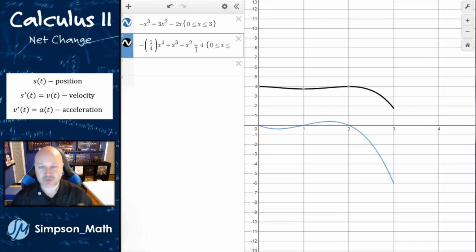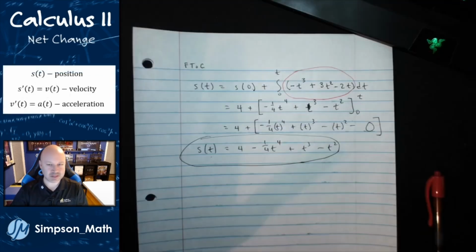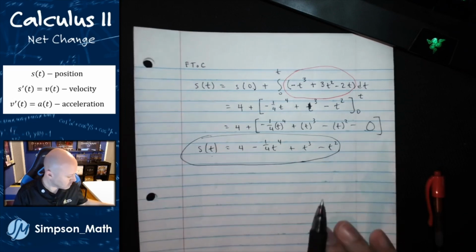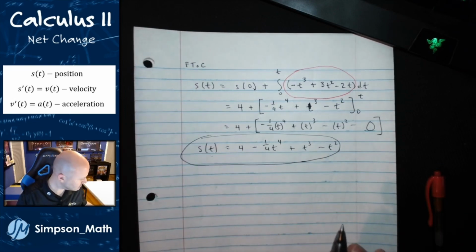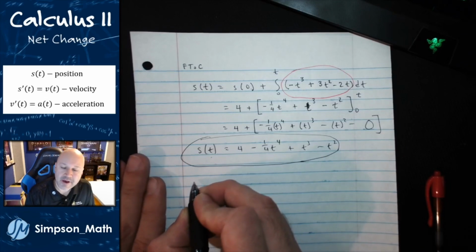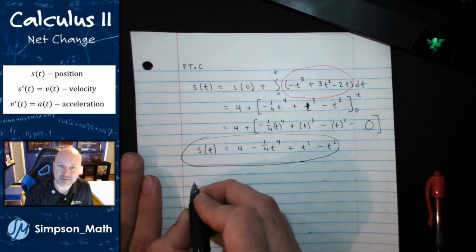Let me fix my graph just so I don't get confused, and then go back to my work and let's do some arithmetic. I'm not done with this question. Let's find the displacement.